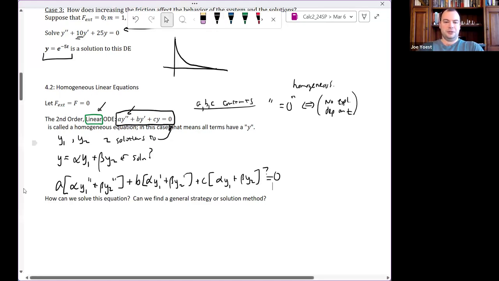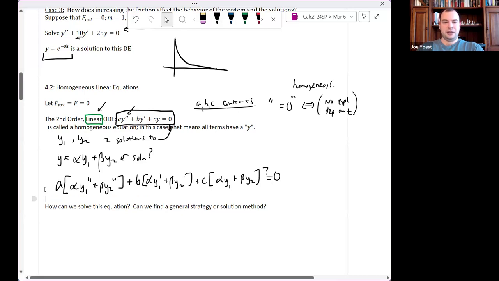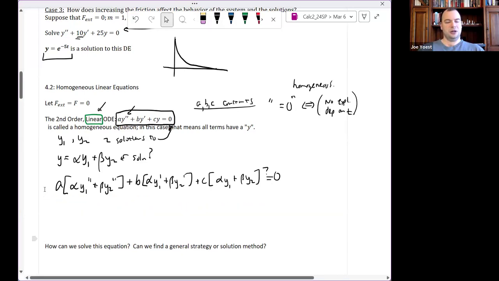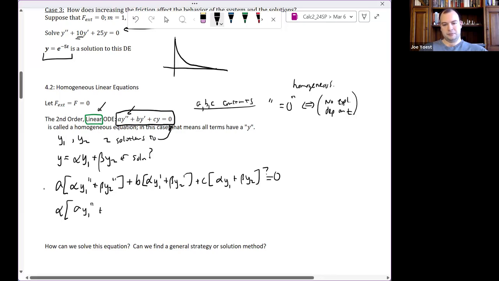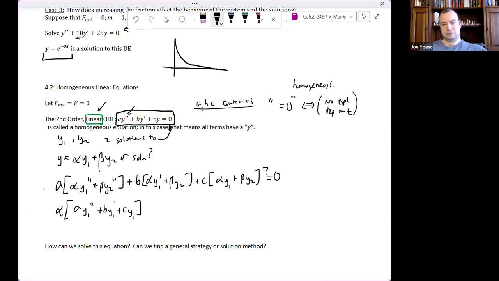I want to know, is this equal to 0? If it is, then I found another solution that's a combination of the original two solutions. And I see that I can factor out all of the alpha stuff. That takes care of these three terms. And I can factor out the beta from all the beta stuff.